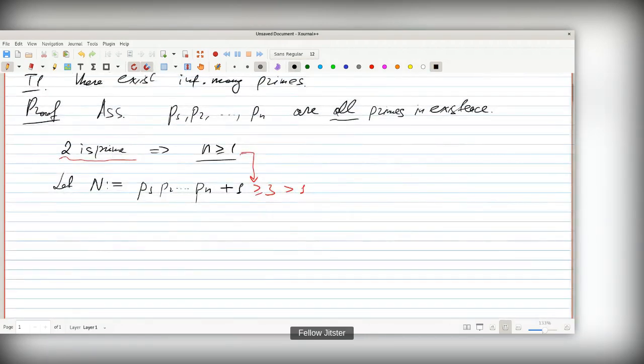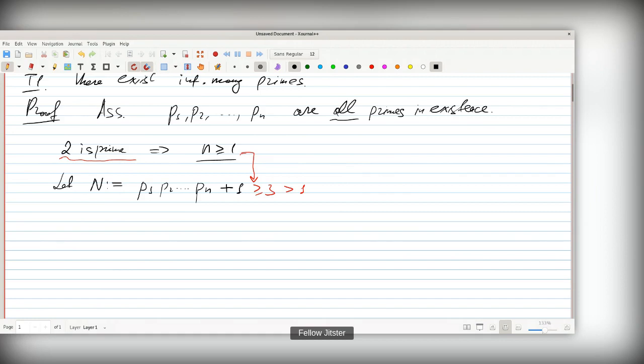According to the fundamental theorem of arithmetics, this number must have some prime factorization. Okay, what is it? It is greater than 1, so it is either prime or composite.